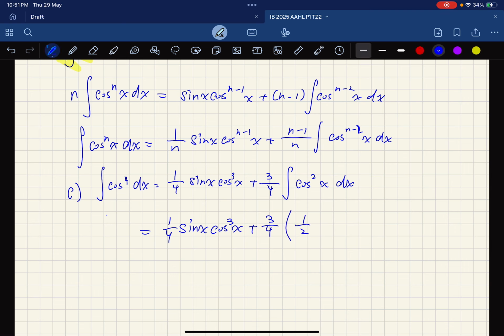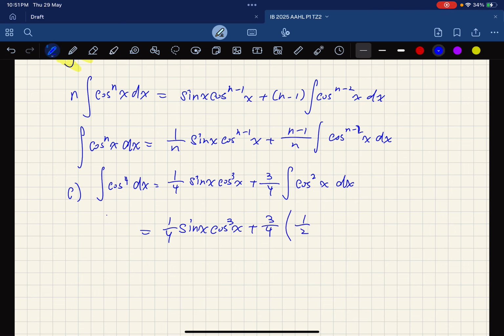Don't forget plus c at the end. So 1 over 4 sine x cosine cubed x plus 3 over 8 sine x cosine x plus also 3 over 8 x plus c. So sine cosine cubed, sine cosine x, and then a number.